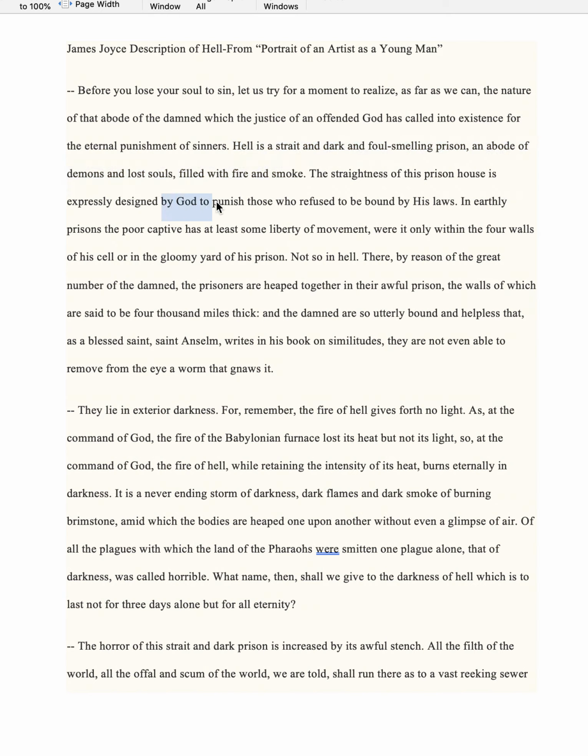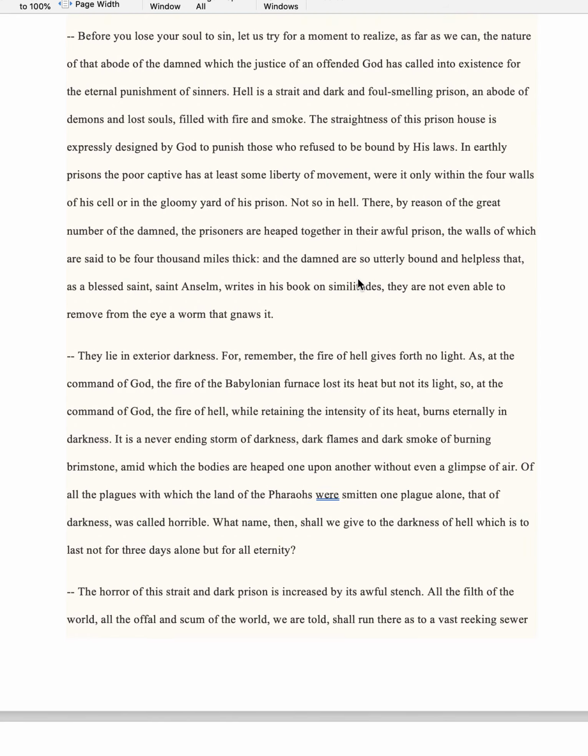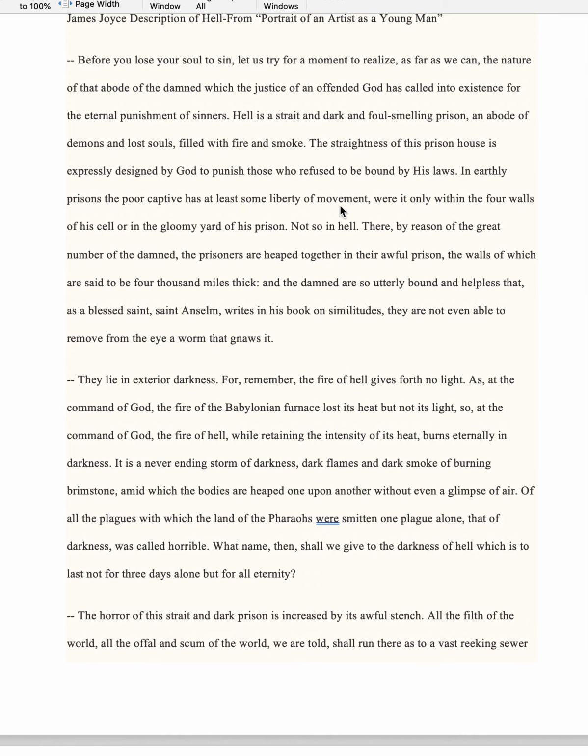We have the purpose here of why hell exists. We have some more description of what the experience of being in hell feels like, and we have even pain, as we see here. So we're starting to foreshadow some of the things we're going to have later.